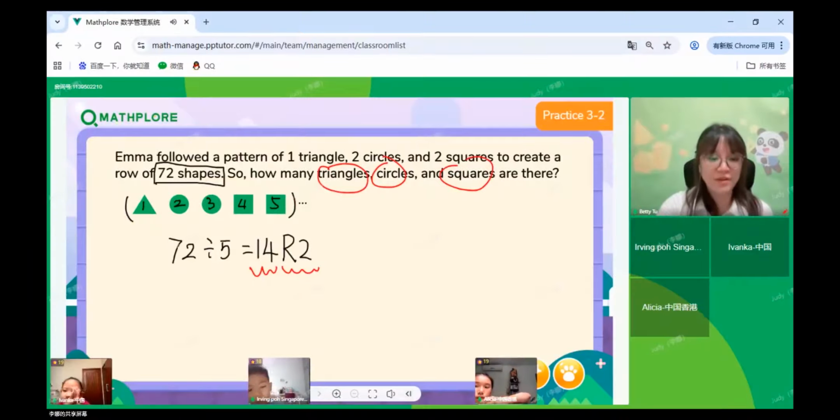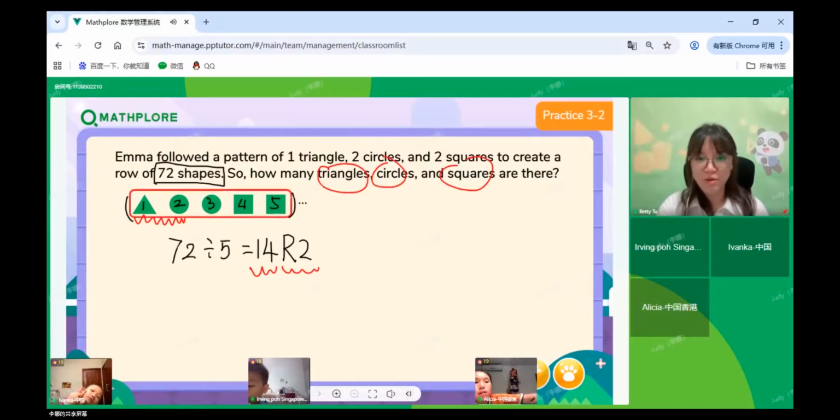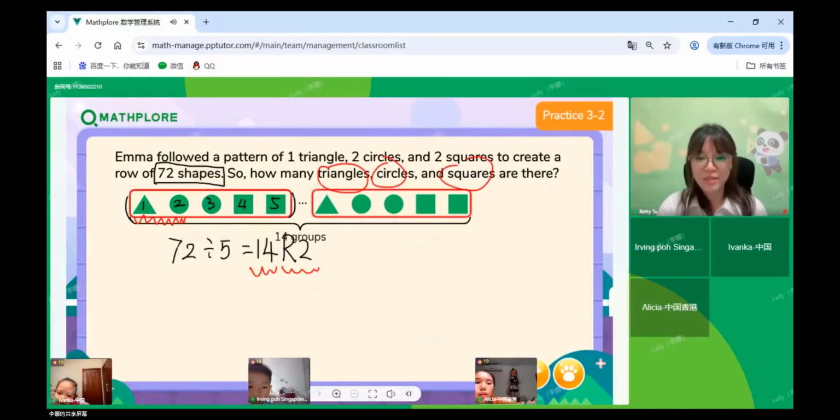Which 2 shapes are there? The triangle and the circle, right? So after these 14 whole groups, we will have one more triangle and one more circle. Okay, so take a look, 14 and 2 more, right?